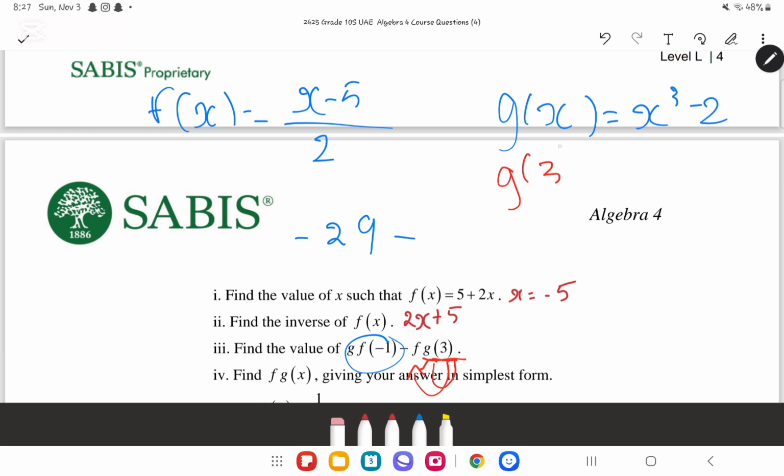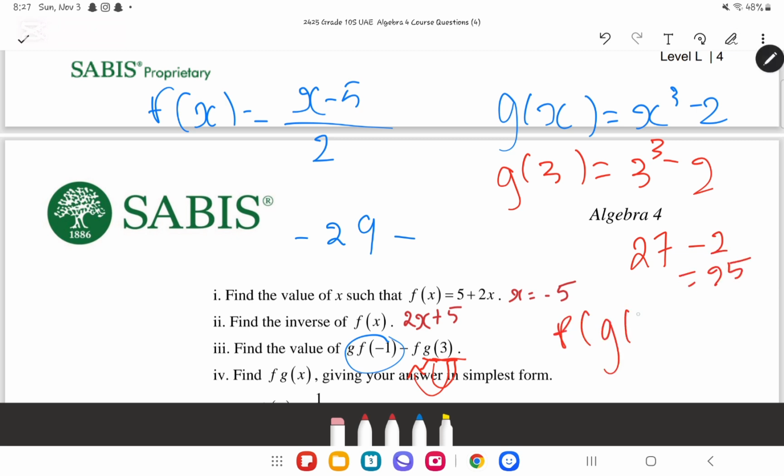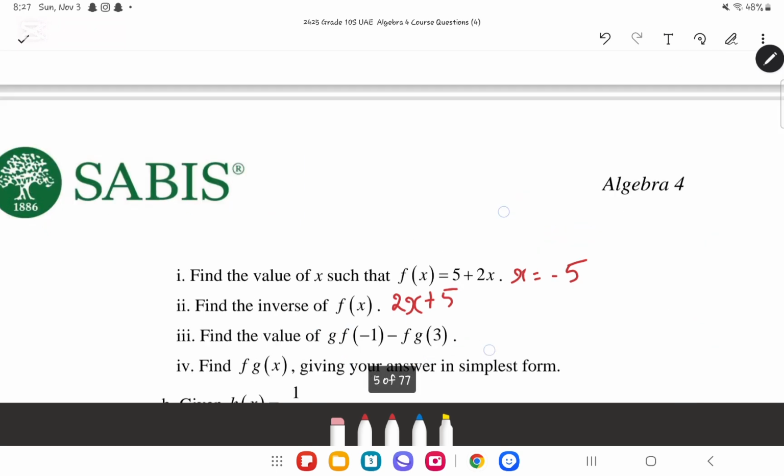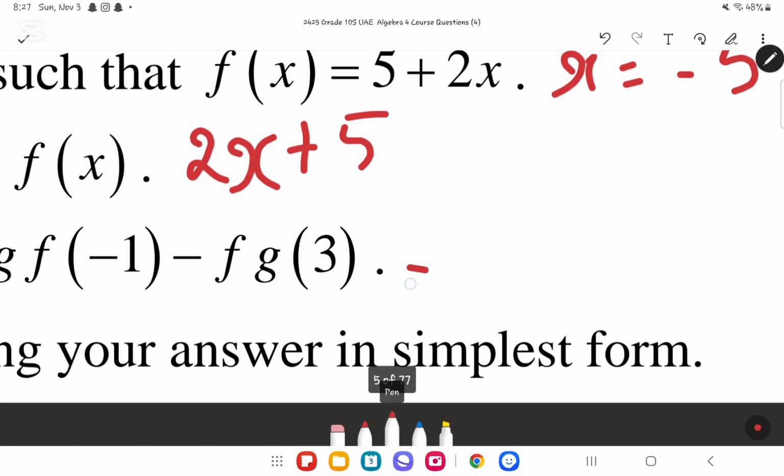So g of 3 becomes 3 to the power of 3 minus 2, so 27 minus 2, which is 25. Now, f of g of 3 becomes (25 minus 5) over 2, which is then 20 over 2, and then we get 10. So over here, our answer became 10. So minus 29 minus 10, we will get then minus 39. So our answer for part 3 is minus 39.